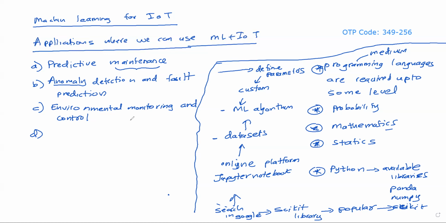For example, let's say you consider an urban scenario where we have vehicle smoke pollution.